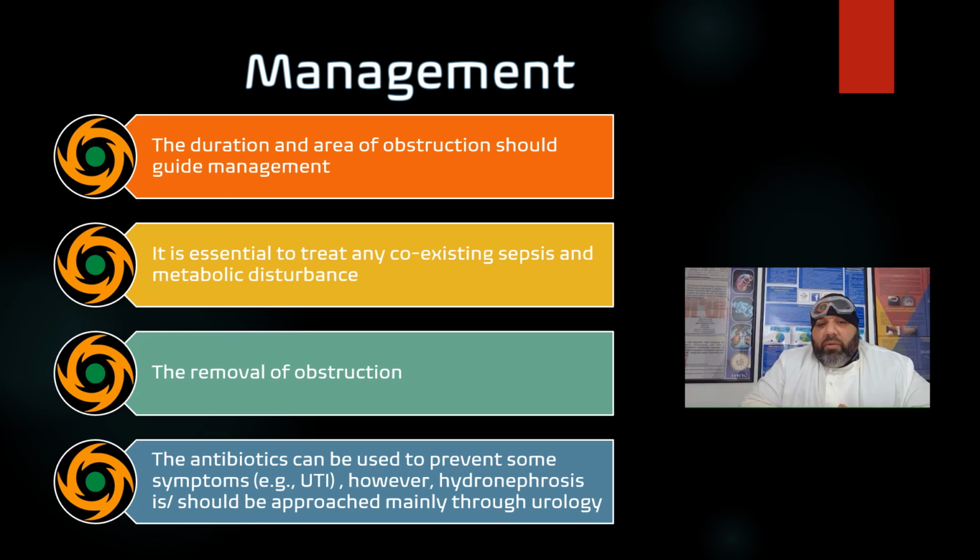Of course, it's important to remove the hydronephrosis, and where there is obstruction and dilatation where urine obstruction exists, and there's evidence around the accumulation around the obstruction, and also where appropriate antibiotics can be used to prevent some of the symptoms, for example any urinary tract infections.